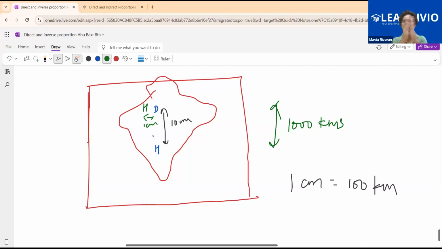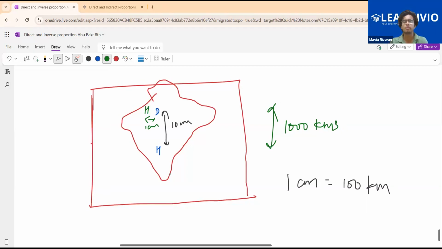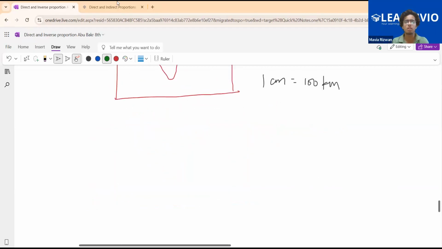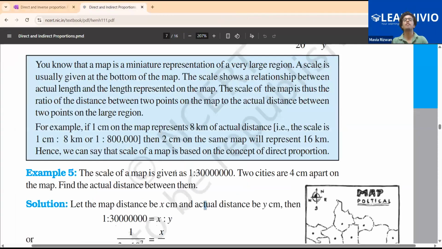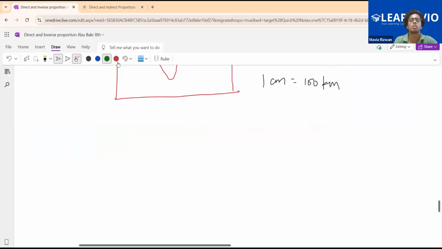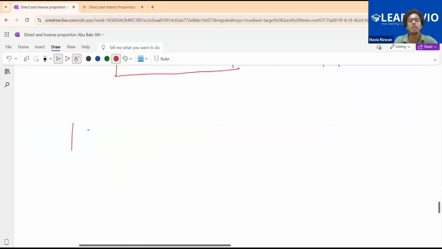Distance in map, 1 centimeter, is equal to something. Now let's read the question. The scale of a map is given by 1 is to 0, 7, 2, 3, 4, 5, 6, 3, 4, 5, 6, 7. So 1 centimeter in the map means this much centimeters in real.